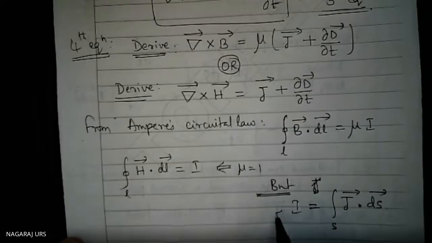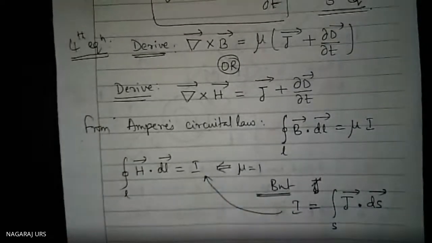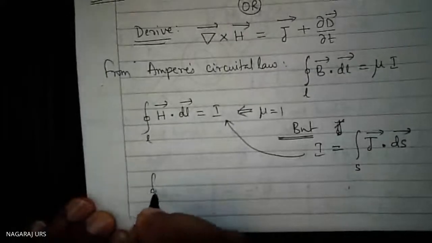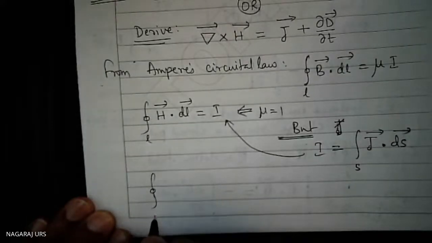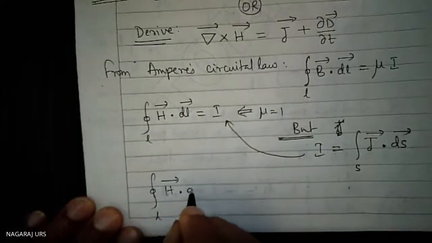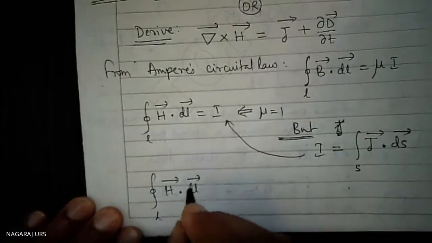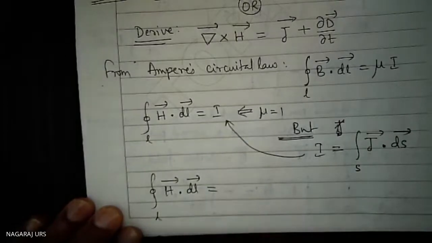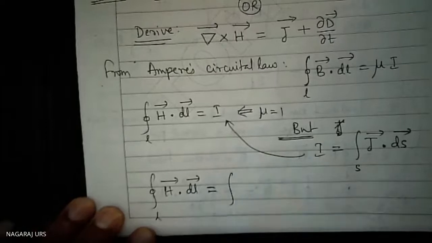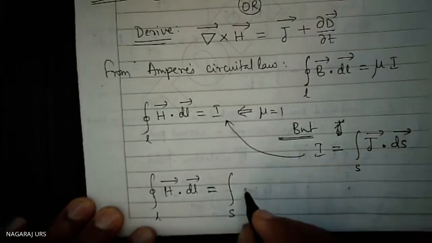Use that one here. Therefore, the closed path line integral of H dot dl is equal to the surface integral of J dot ds.